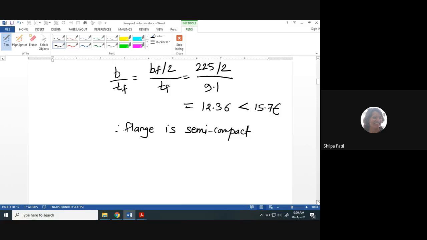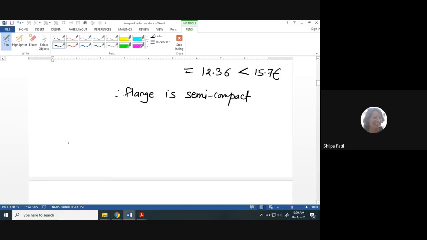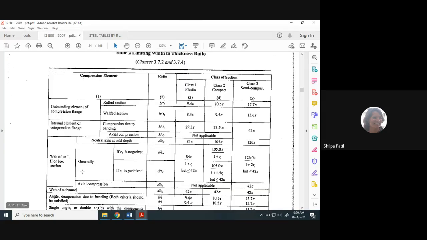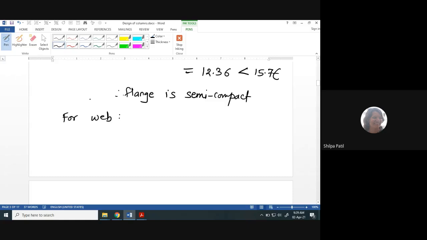Then for web, for web of an I section under axial compression, d by tw is the ratio, and the limiting value is 42 epsilon. D we normally take as h1, so h1 by tw.